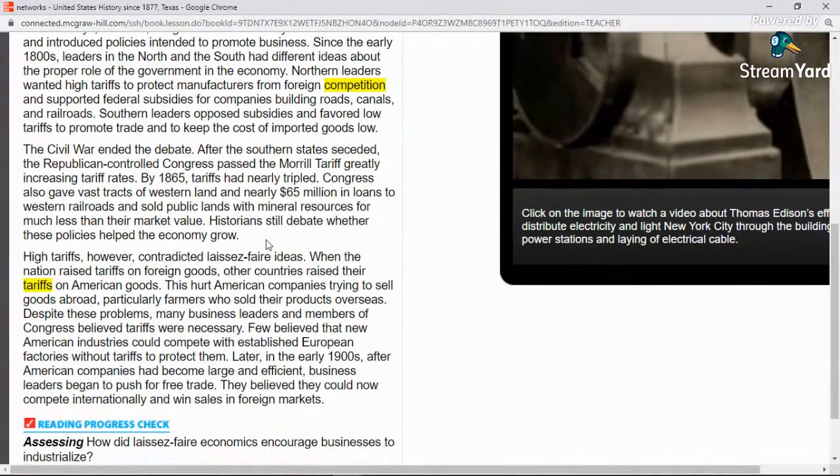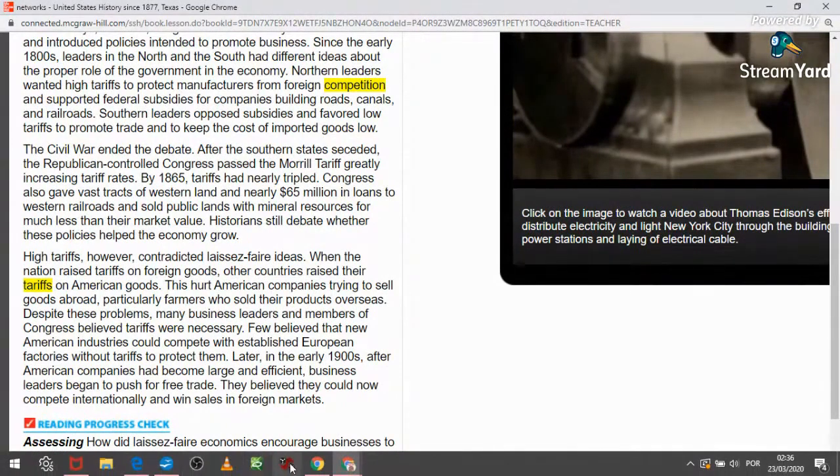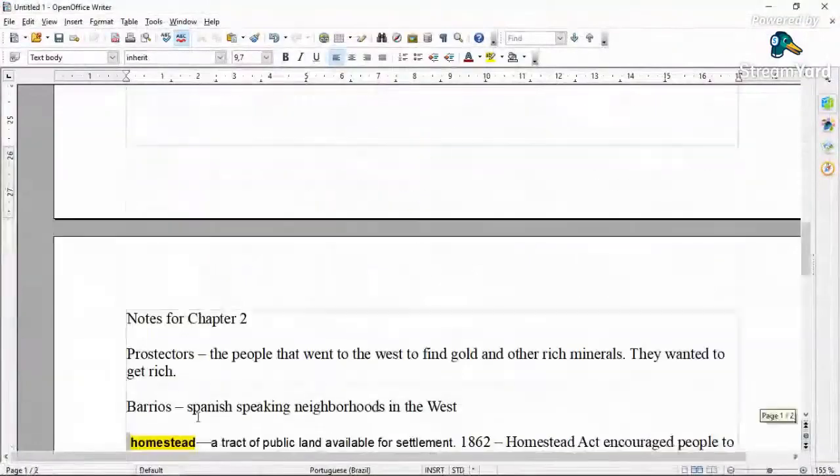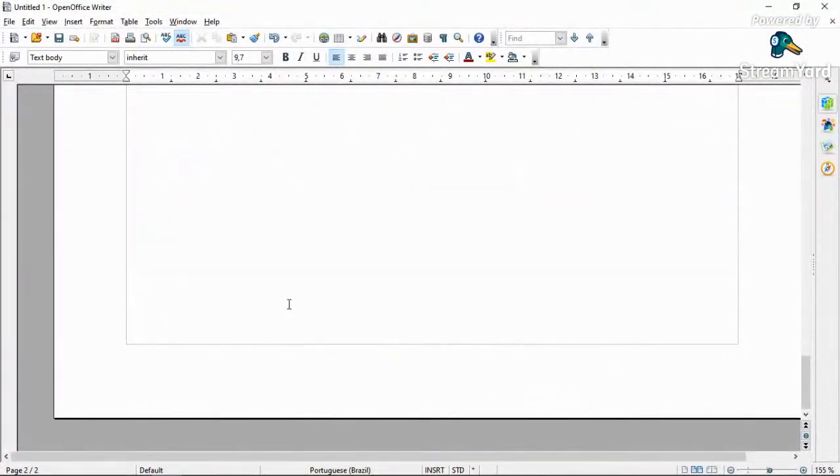So just to review, before the Civil War, remember, a lot of the Civil War was fought because the South wanted more state rights. Okay, the South wanted state rights. I'm gonna write this here.